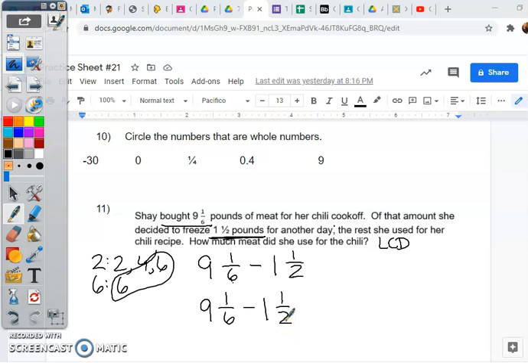That one was already a 6, right? So I'm going to put my 6 here. So I'm changing this. Remember, we make equivalent fractions. 2 times what is 6? 2 times 3 is 6. 1 times 3 is 3. 1/2 is equivalent to 3/6, and now we have our common denominator.